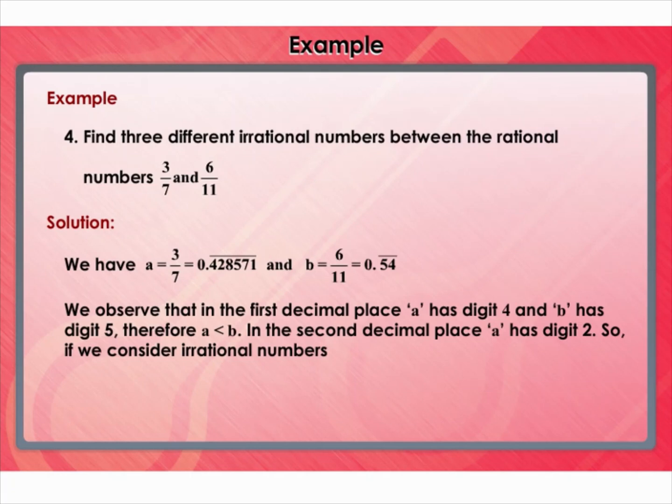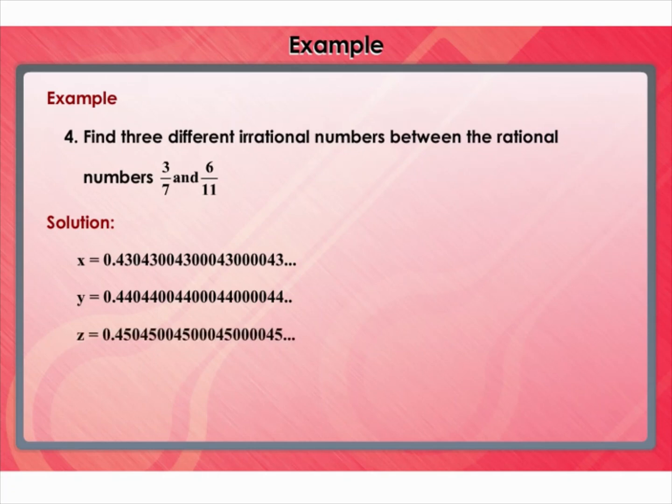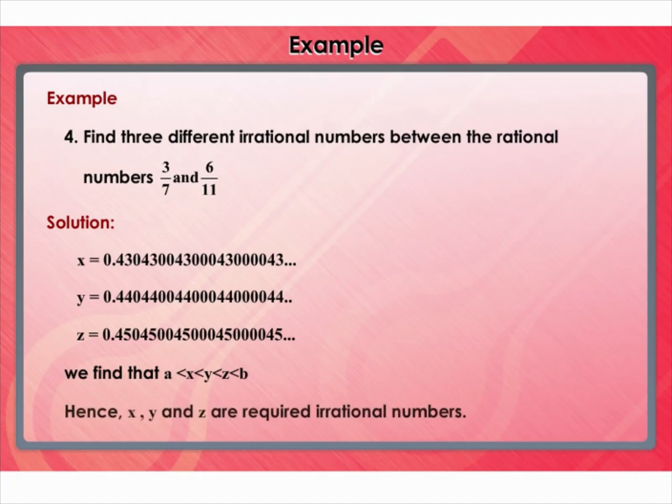So, if we consider irrational numbers, x is equal to 0.430, 4300, 43000, etc. y is equal to 0.440, 4400, 44000, etc. And z is equal to 0.450, 4500, 45000, etc. So we find that a is less than x, less than y, less than z, less than b. Hence, x, y, and z are the required irrational numbers.